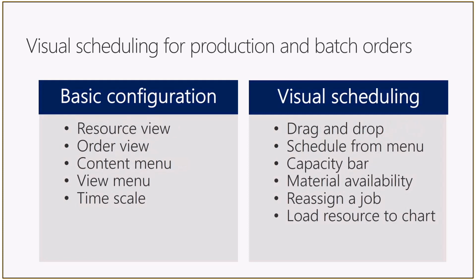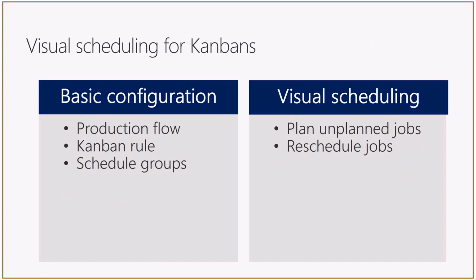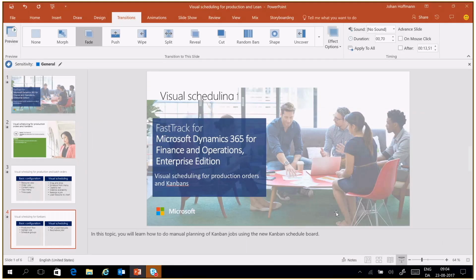We're also going to talk about how you can reassign a job in the Gantt chart from one resource to the other, and how you can load resources, taking resource capabilities into account. So I'll jump to the application to start showing you these new capabilities.